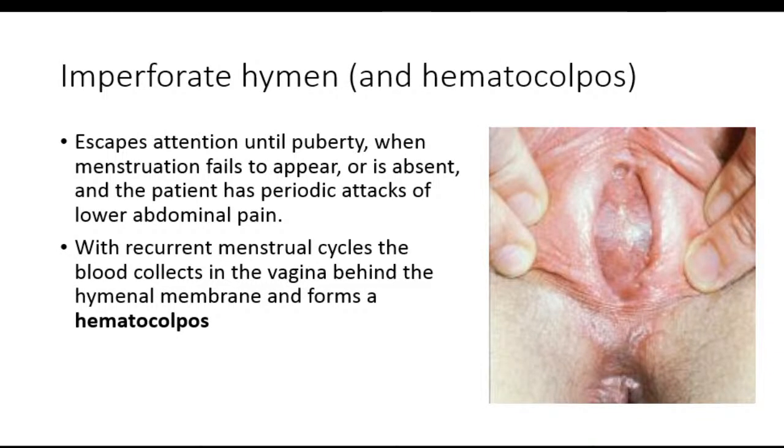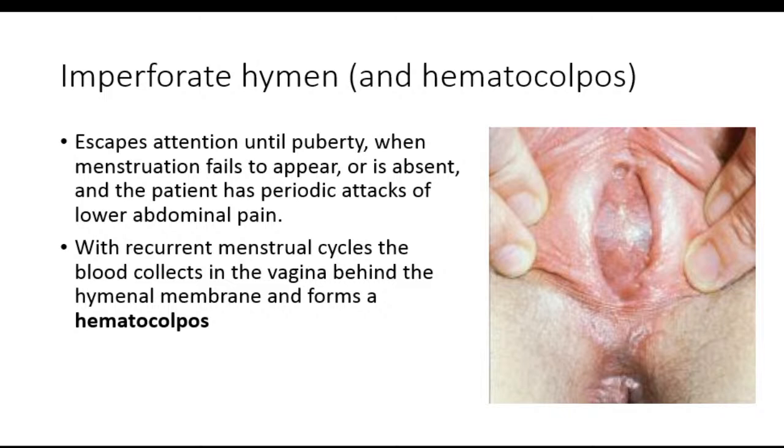With just simple inspection, you can notice an imperforate hymen, which may result in formation of hematocolpos, which from the ancient Greek language we can translate as a collection of blood inside the vagina.